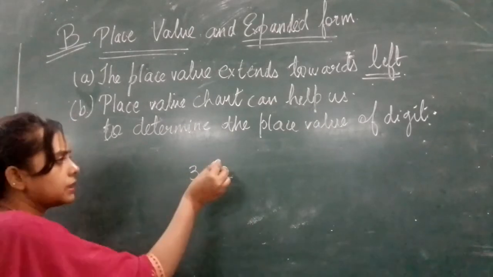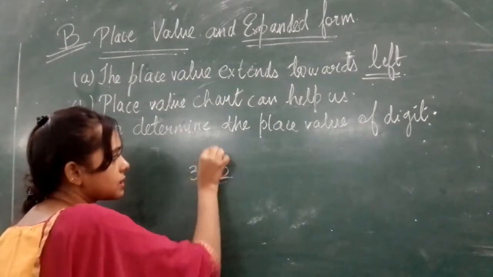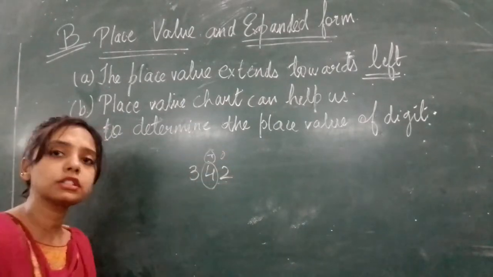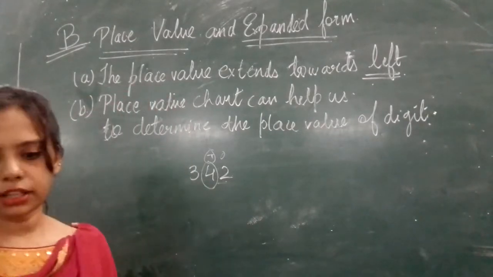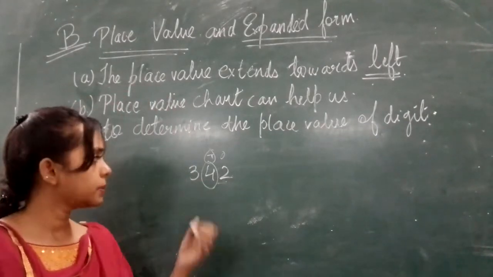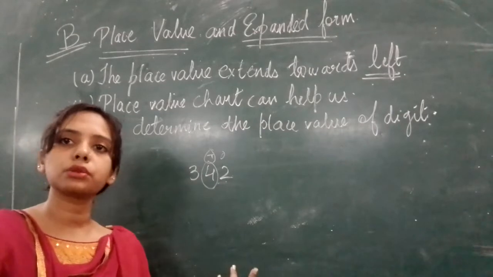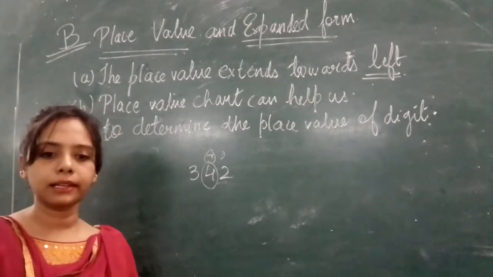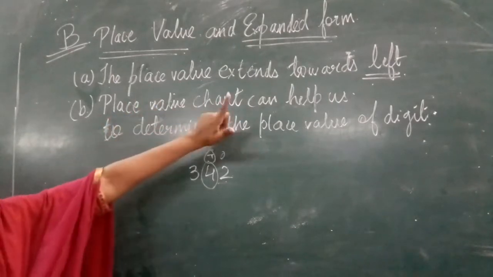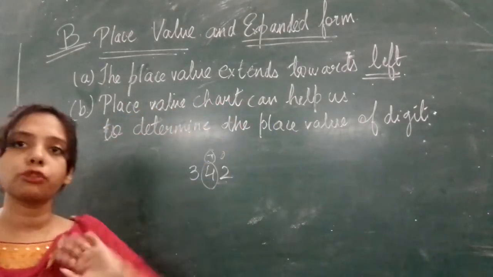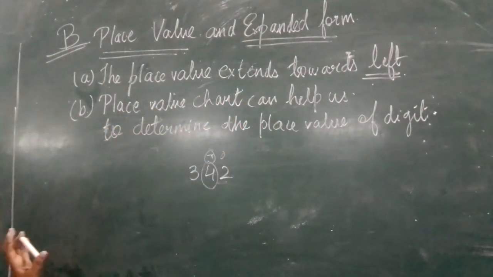You will straight up write 10. Okay, this is tens. So this place value is 4 tens. Understood? Yes or no? This place value is 4 tens. In numbers you will straight up write 40. Okay. So this is how your place value chart can help us to determine the place value of a digit. I hope you've written this.